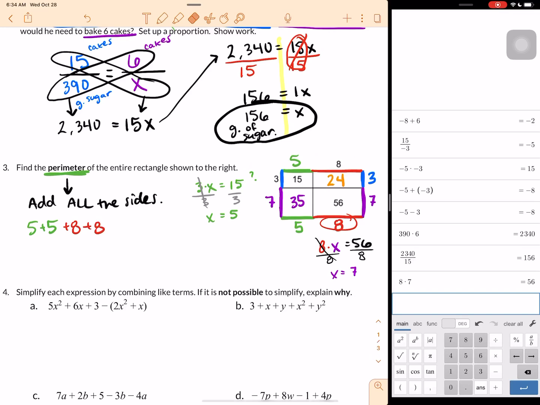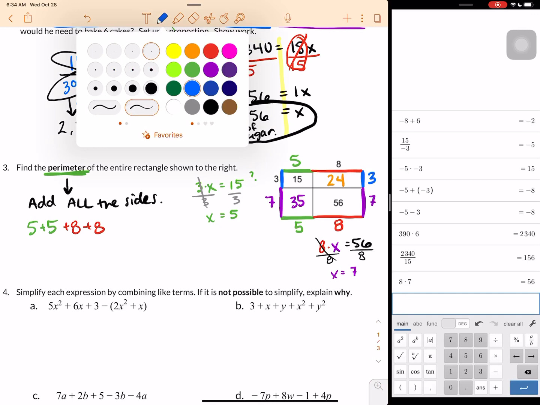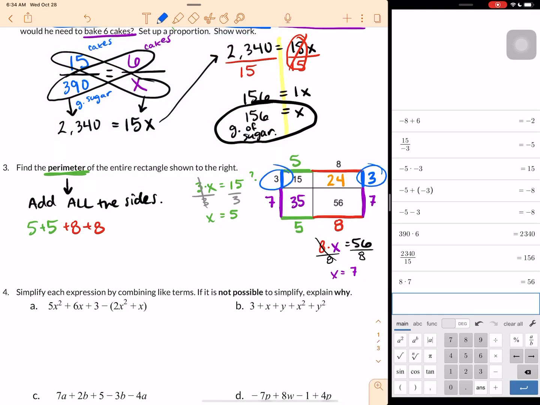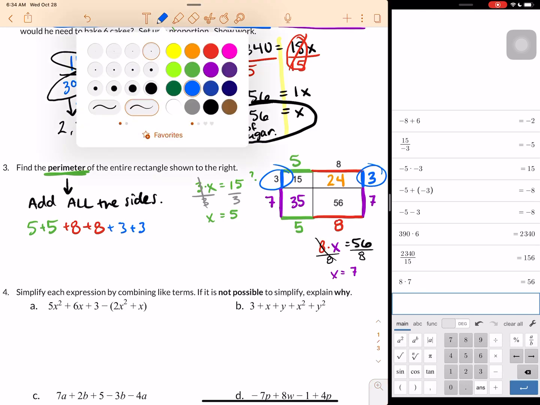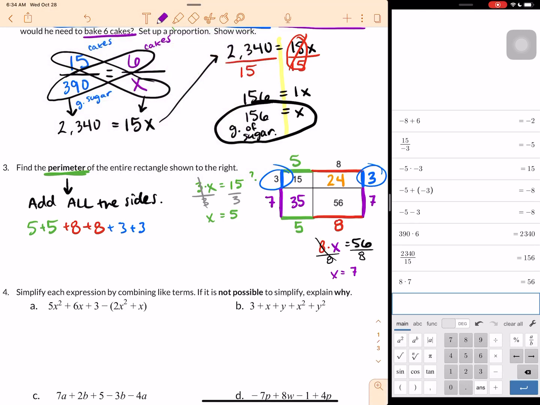And then I know I have 2 3s. Okay, 1, 2, 3. So plus 3 plus 3. And then I have also 2 7s. So I have 7 plus 7. This will be my perimeter. Okay? So try to add that together.